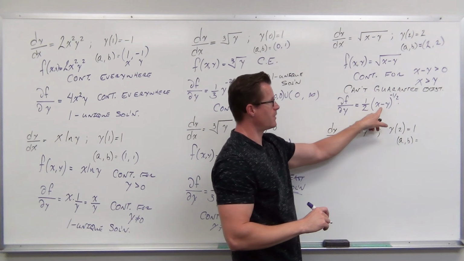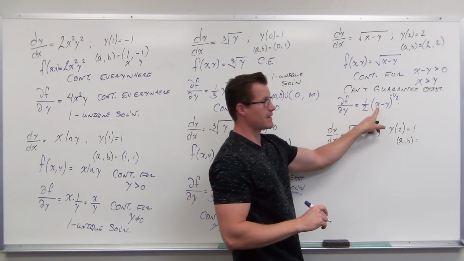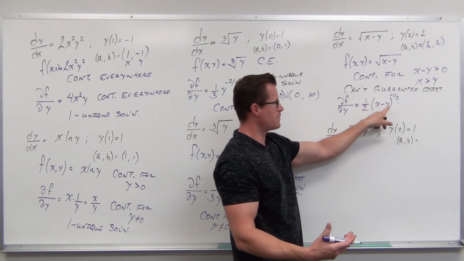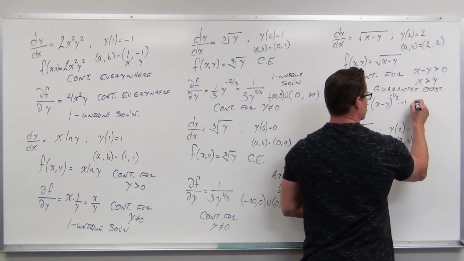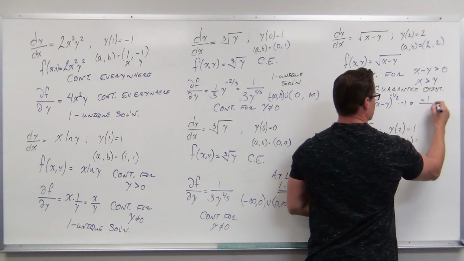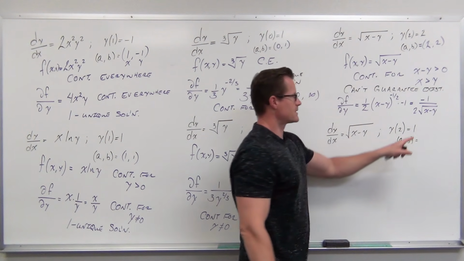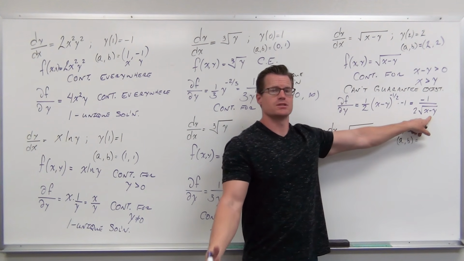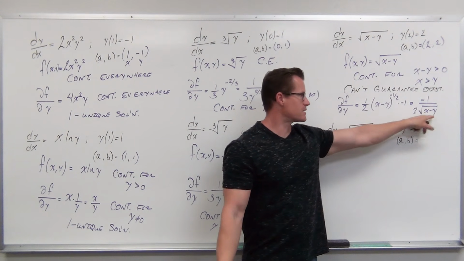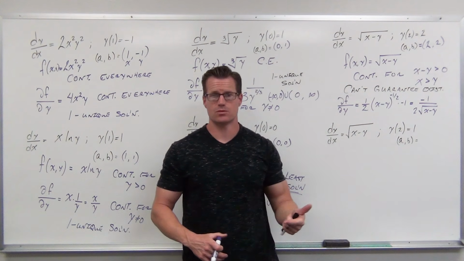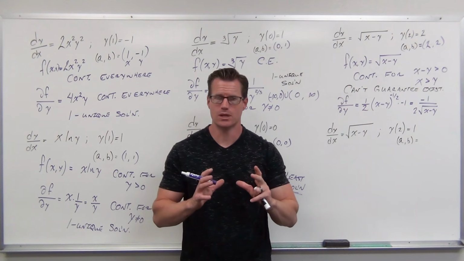Well, the derivative of this with respect to y, that's a constant. That would go to 0 times negative 1. That's the same situation. We can't even allow zeros here at all. But this would say this is only continuous where x is greater than y. That would be the interval of continuity.